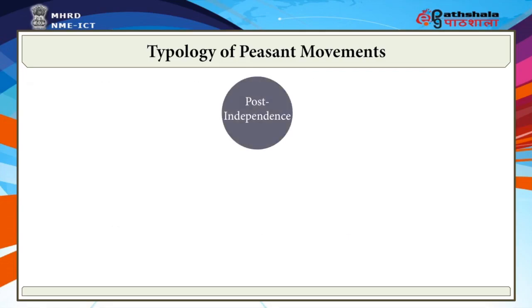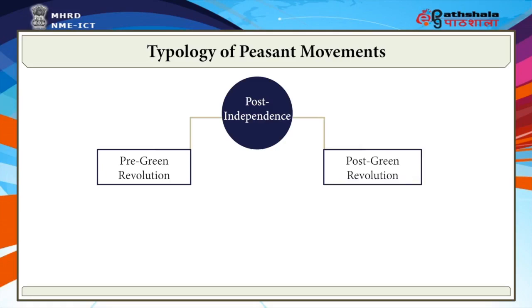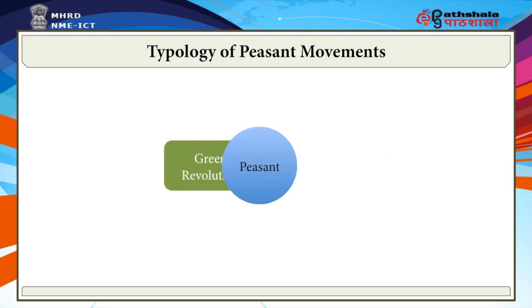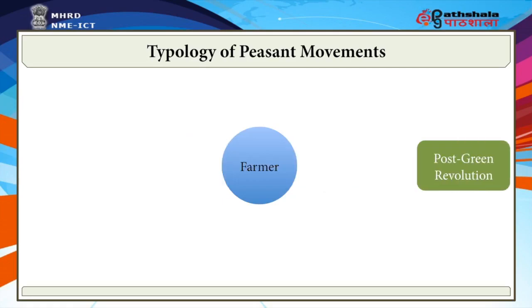Peasant movements in the post-independence period, again, have been classified as pre-Naxalbari and post-Naxalbari, or pre-Green Revolution or post-Green Revolution. Movements occurring in the post-Green Revolution period have been termed as farmers' movements.